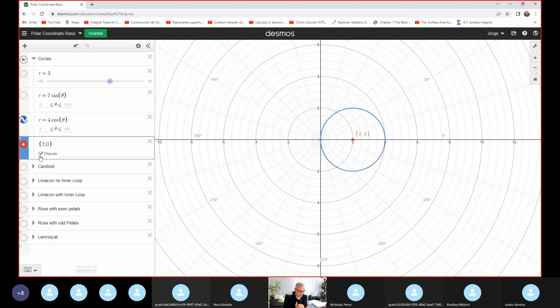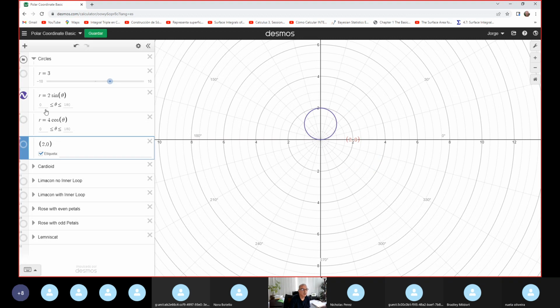Afterwards I can summarize on the board, but when you see the format something cosine theta, it is a circle where the center is located on the x-axis. Do you see? Yes. Boom. And if it is sine, look at what happened. Boom.